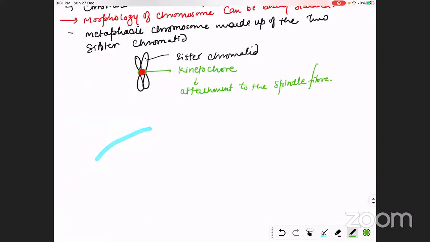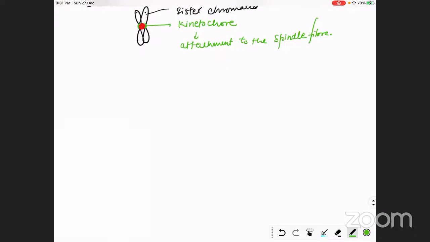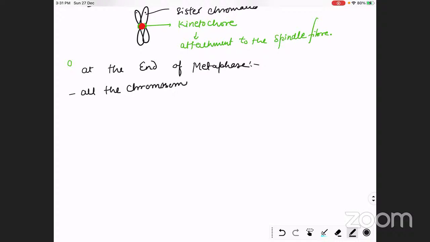Now next thing, the metaphasic plate. At the end of metaphase, what we will observe under the microscope is that all the chromosomes align at the equator, also called the metaphasic plate.